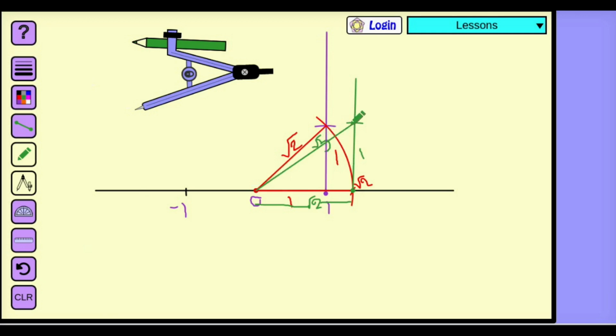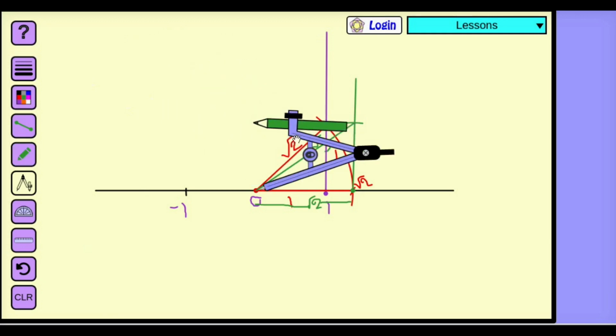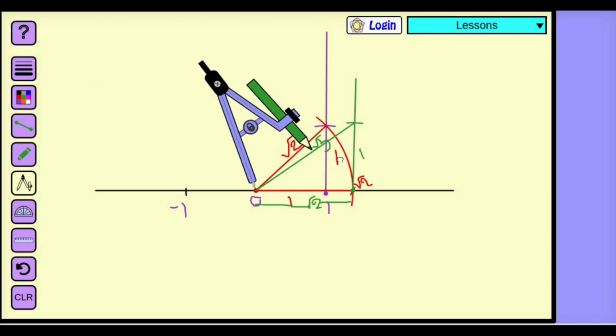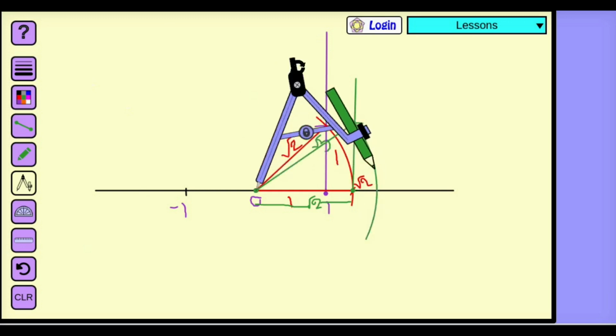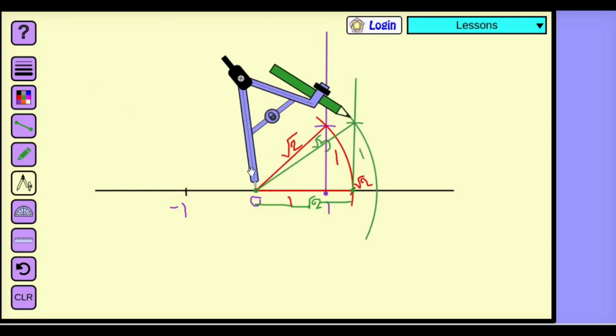Then take compass, measure root 3 and draw an arc from that point till it intersects the number line. Where it intersects, that is called root 3 on the number line. Mark it as root 3 from 0.